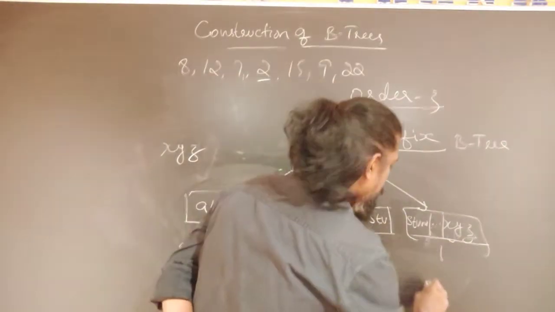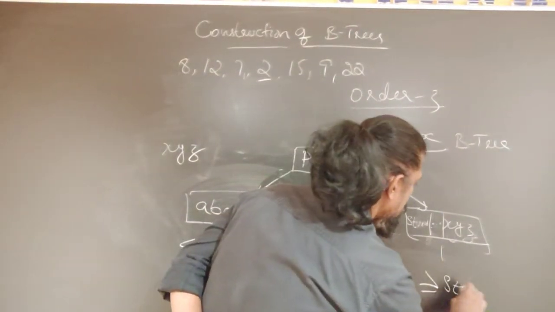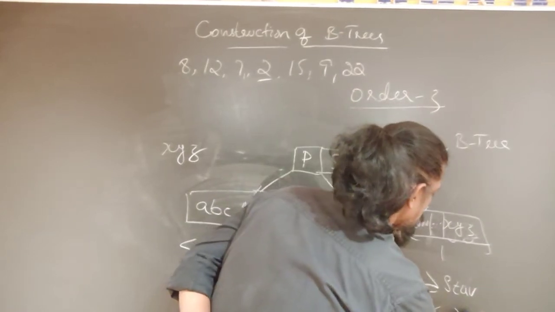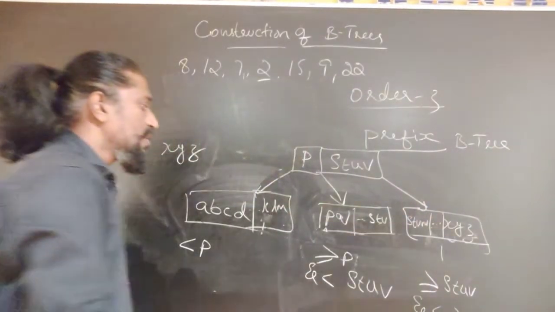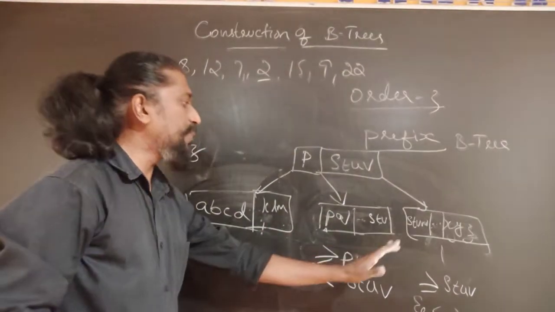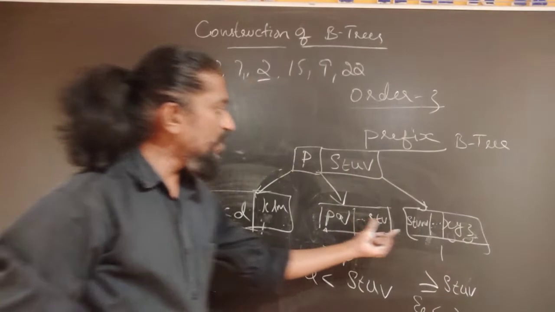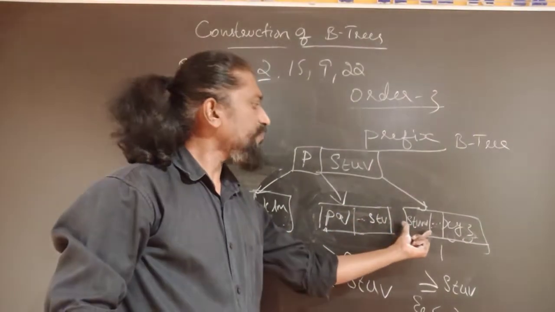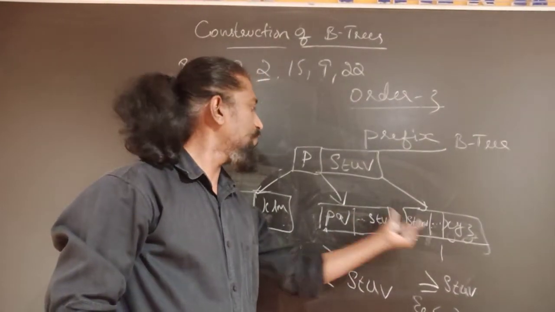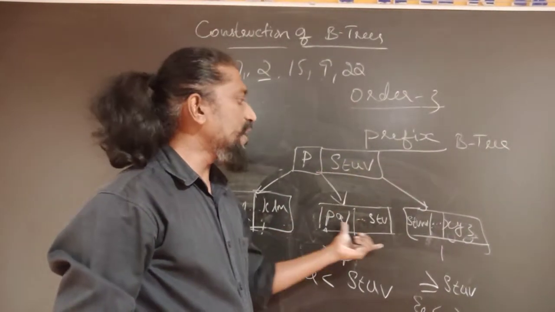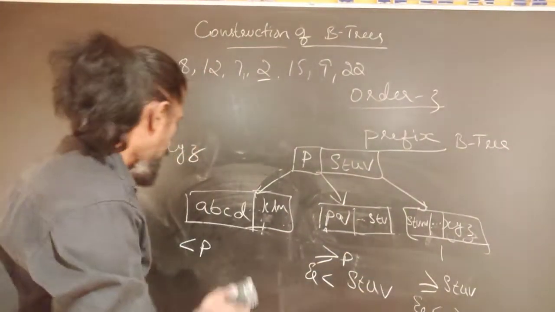This one will be greater than or equal to STUV and less than XYZ. Now this is still a B tree because it assists us in searching the keys, but we are not using the complete keys, the entire length of the key, in the search tree. We are using only a portion of it.